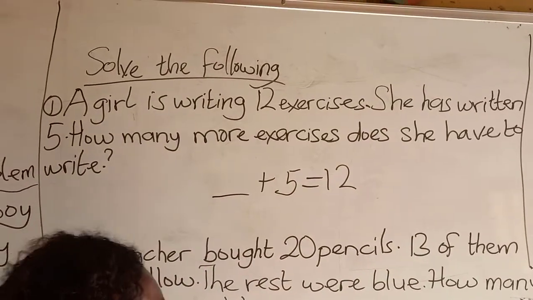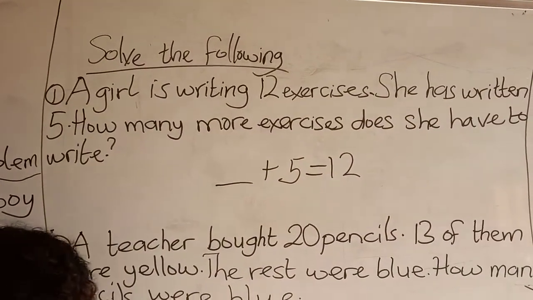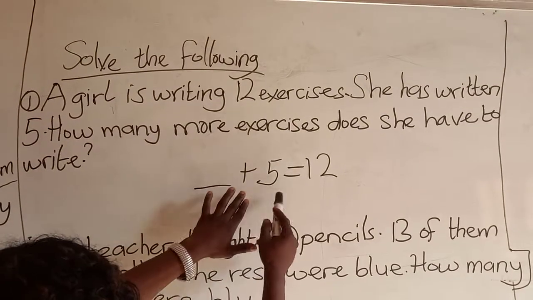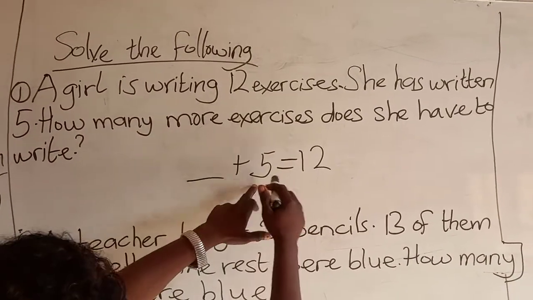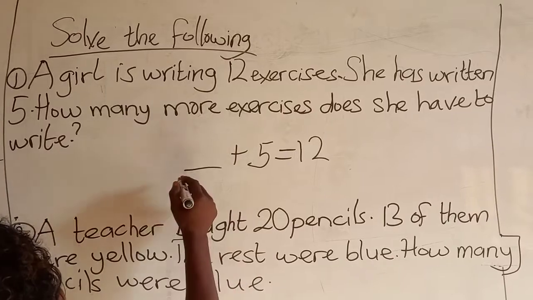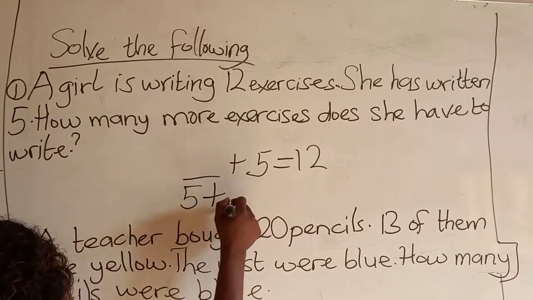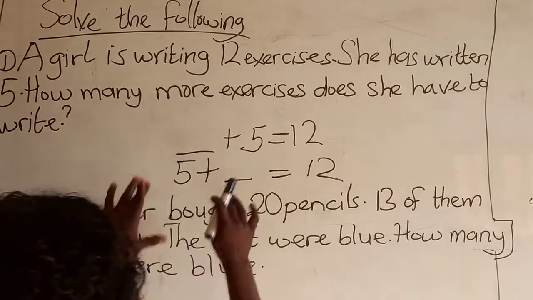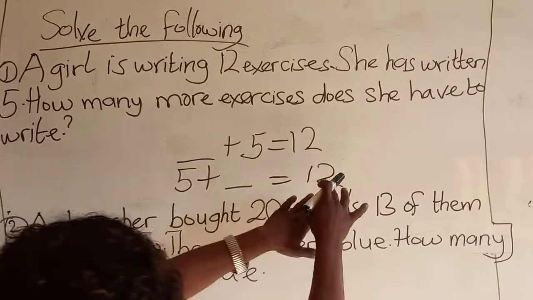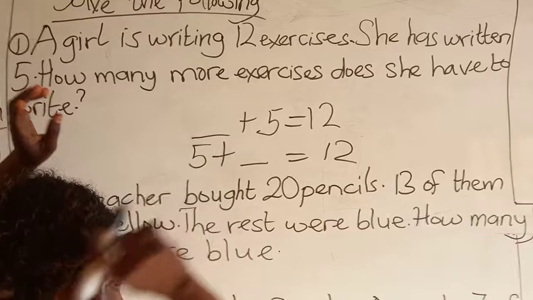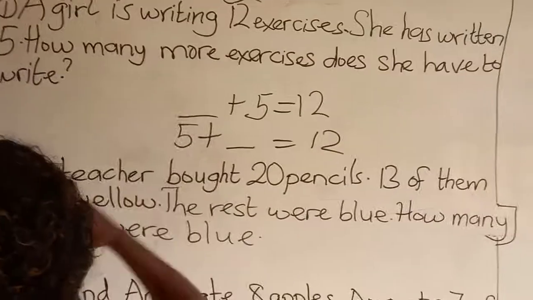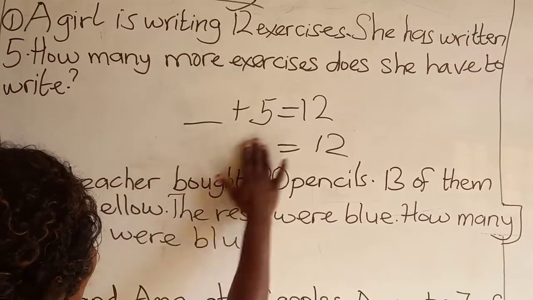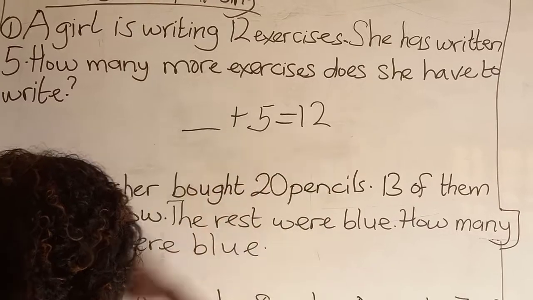Your dash, we don't know. Now the dash can start or can be in the middle. I can also write it like this: 5 plus dash is equal to 12. In addition, whether A comes before B, it will still give you the same answer. That is in addition. Alright, so this time my dash is leading.